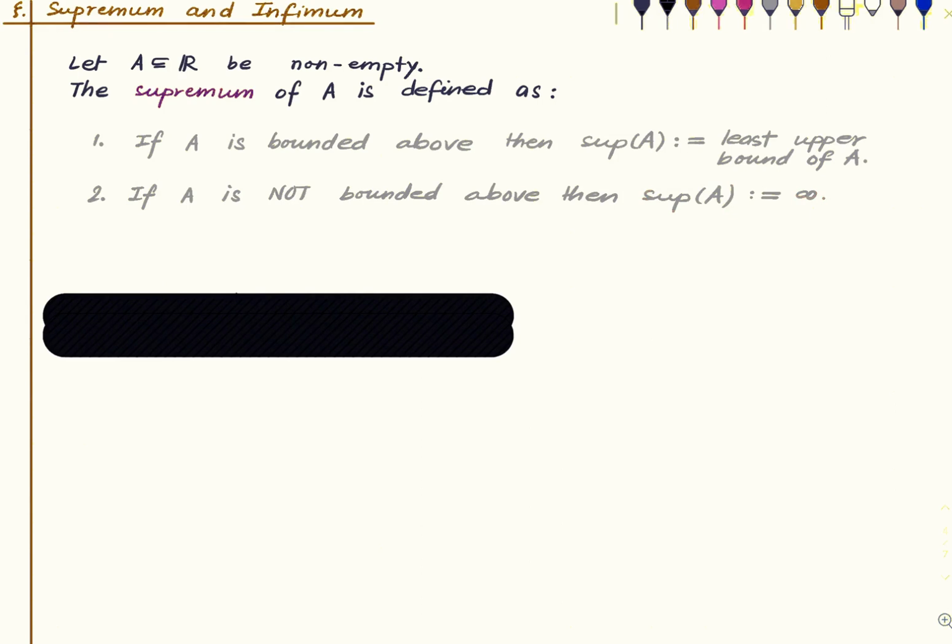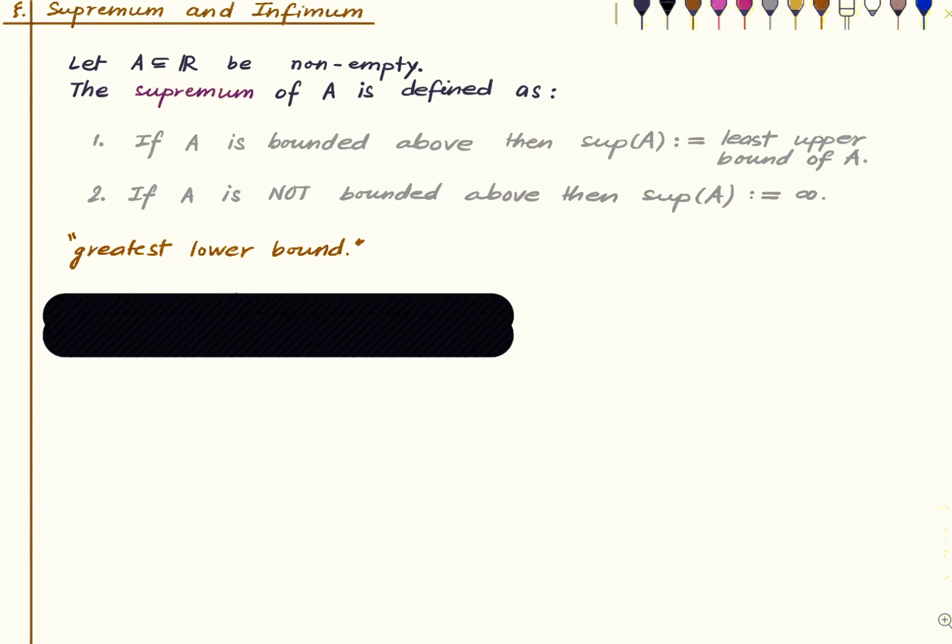Okay. Now, just like we have the notion of least upper bound, we have the notion of greatest lower bound, right? So let me not write down the formal definition. If you know the definition of least upper bound, you can easily come up with the definition of greatest lower bound. Basically, it is a lower bound that dominates every other lower bound. That's all.